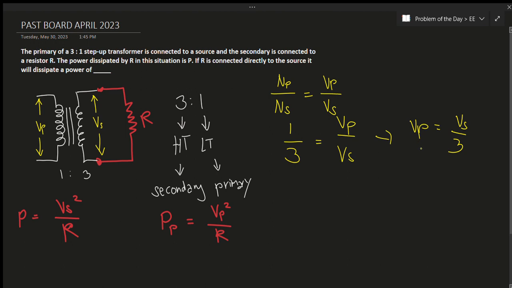Let's substitute this equation in this one. So this will become Vs over 3 quantity squared over R. Simplifying, it will become Vs squared over 9 divided by R, or Vs squared divided by 9R.